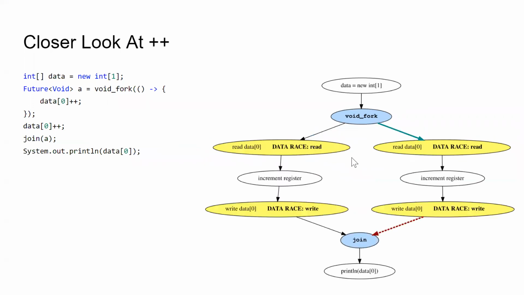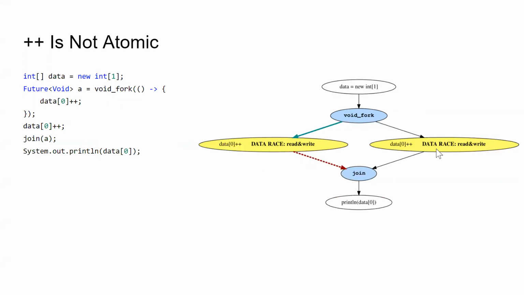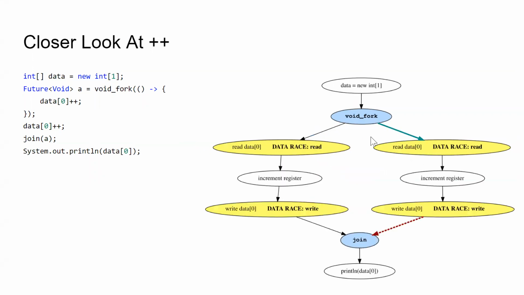If I show what this looks like at the Java virtual machine level, or most programs, at the lowest level, you can imagine this reads in data sub-zero into some register, increments it, and then writes that register back out to this data location. So you can think of it this way, where they're both reading and writing: plus plus reads from the location, increments, and writes it out. You can think of it in this broken down sense.